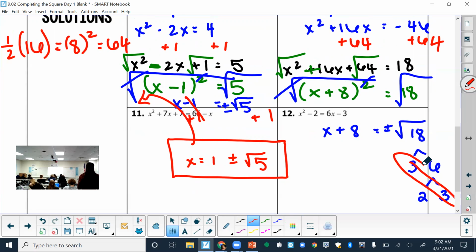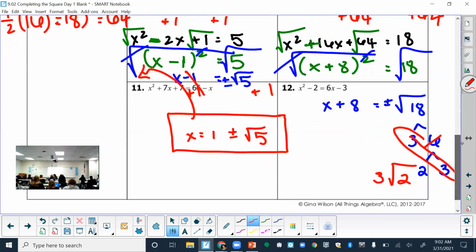Any other pairs of prime numbers? So we'll have a 3 outside the radical. That's what escaped. What number did not escape? The 2. We don't care about the 6 because that's not a prime number. But we care about the 2 because it is a prime number. So that's how you simplify that radical.